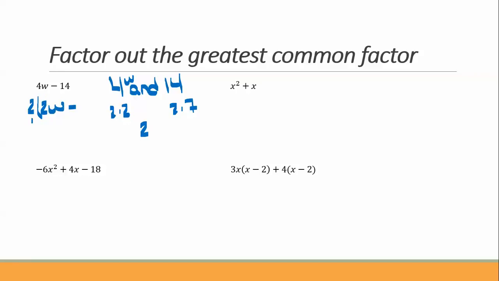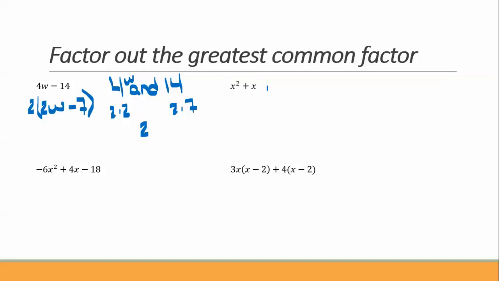And then I need to multiply 2 by 7 to get 14. So to factor out the greatest common factor of 4W minus 14, we have 2 and then parentheses 2W minus 7 and end our parentheses. And then to check our answer, we can remultiply. 2 times 2W is 4W, 2 times minus 7 is minus 14.